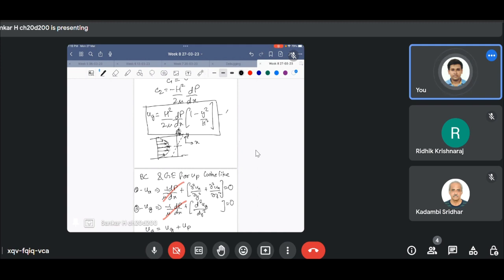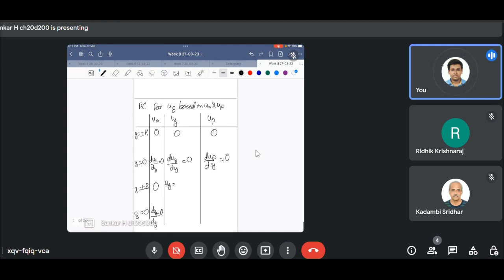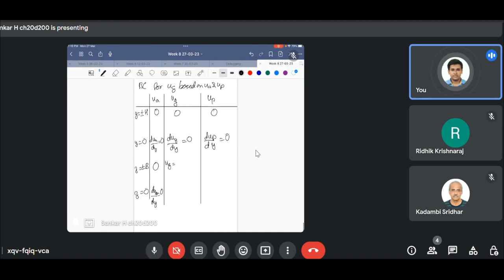Let me call that equation number 4. Therefore, at plus or minus b, UG must be minus dp by dx, h square by 2 mu, times 1 minus y by h squared. Does this make sense?